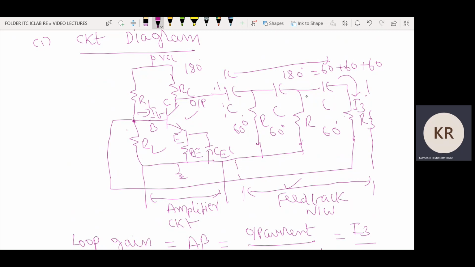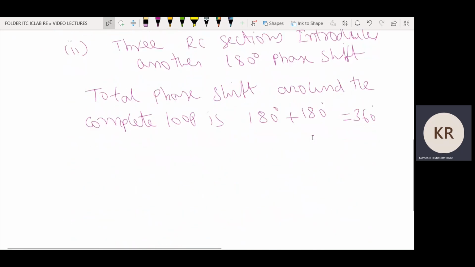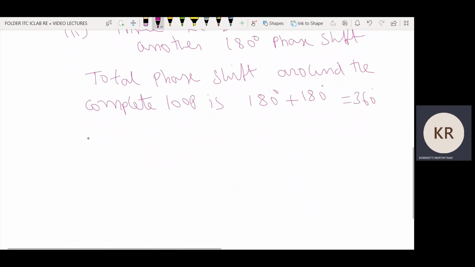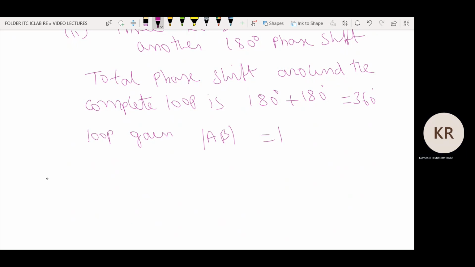The loop gain from this diagram is the output current I3 by the input current IB. The second Barkhausen criteria condition is that loop gain must be equal to 1, that means mod A beta is equal to 1. When these two conditions are satisfied, then only the RC phase shift oscillator generates some frequency of oscillations.